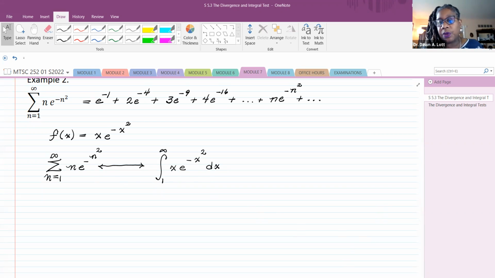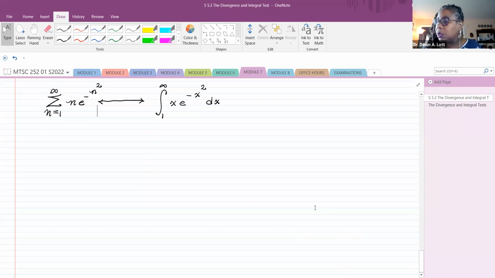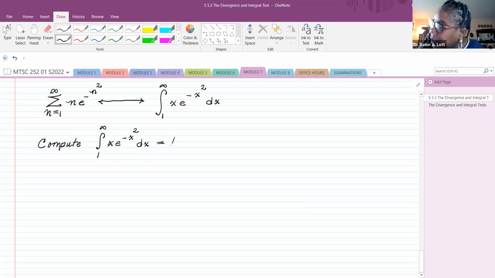If the integral diverges, the series diverges. All right, so now we need to compute the integral from 1 to infinity of x e to the negative x squared dx. That is the limit as t approaches infinity of the integral from 1 to t of x e to the negative x squared dx. How do I compute this integral?